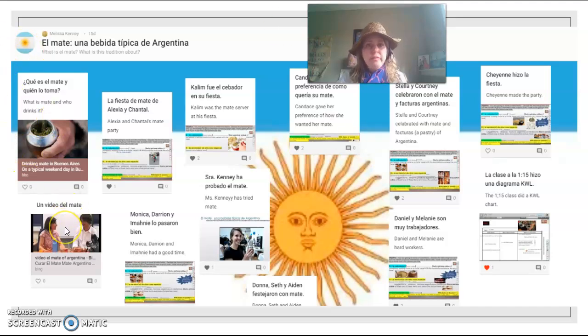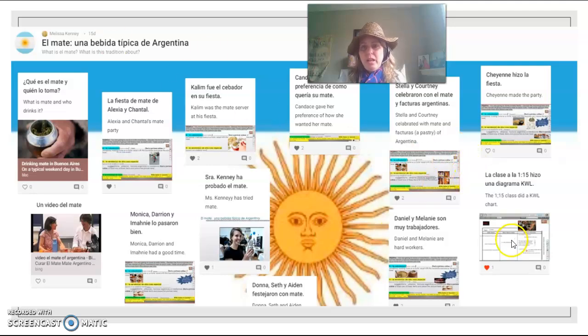They could watch another video. We also had a mini mate fiesta in the class, and students had to decide on roles in small groups, who was going to do what at the fiesta. I also included a picture of me having had mate at one point in my life.